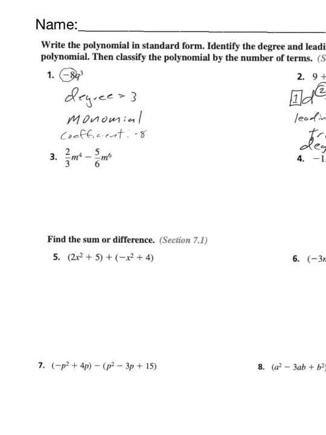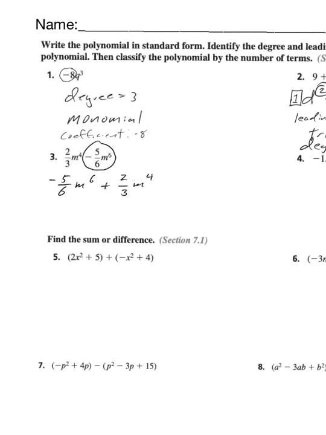Let's look at the next one. The next one has little fractions on it, but don't get upset about that, because fractions are numbers too. If you look at this term, it has the higher degree, so it needs to go in front. We're going to rewrite this as -5/6 m to the 6th, and then plus 2/3 m to the fourth.